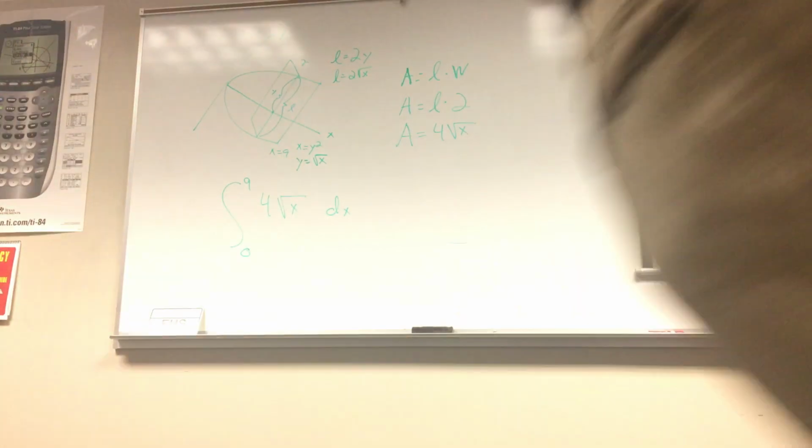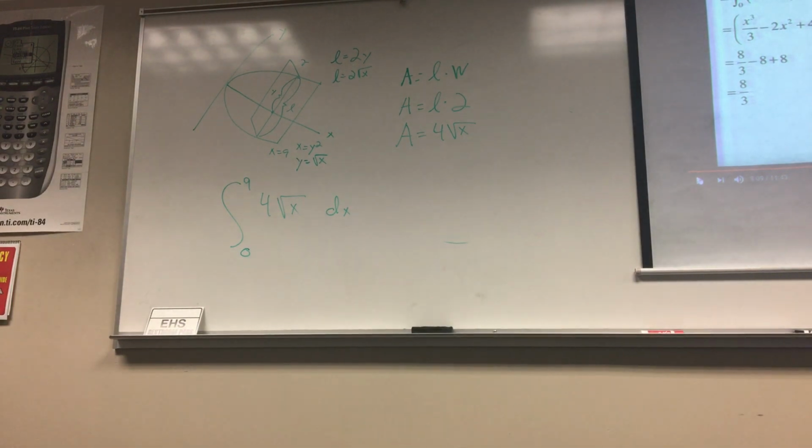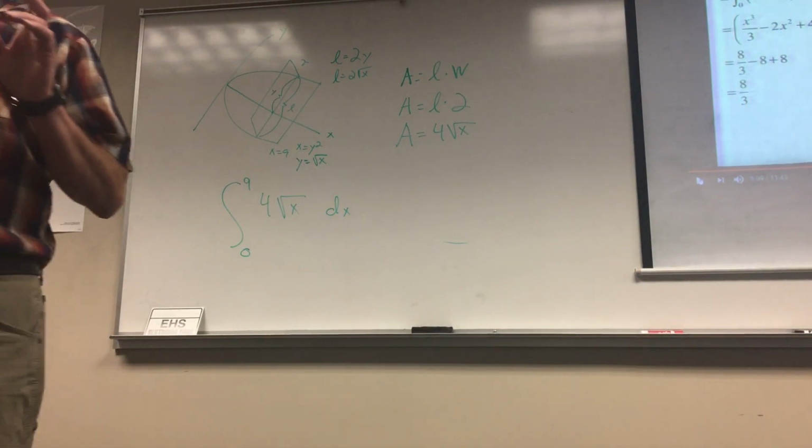Unless it specifies otherwise, 0 to 9. There's the smallest x equals 0. Okay? Like that. All right, everybody down with this?